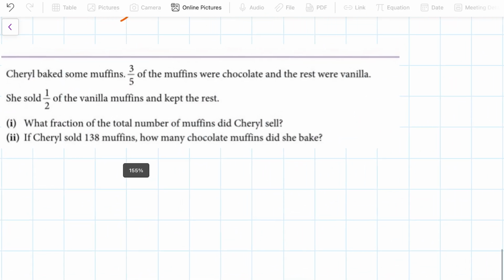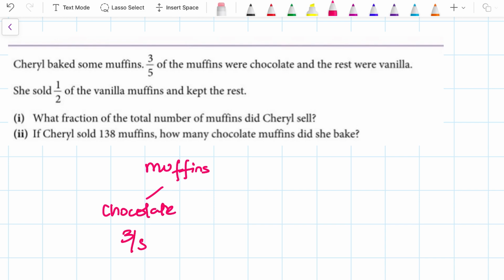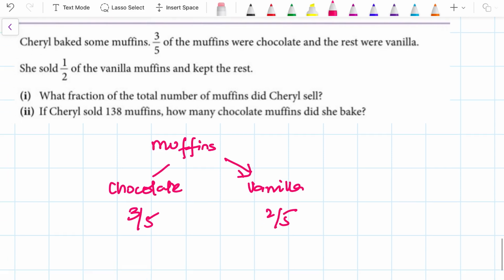Cheryl baked some muffins. 3/5 of the muffins are chocolate and the rest are vanilla. So if you talk about muffins, chocolate ones are 3/5. Vanilla ones will automatically become 2/5 because 5 minus 3 is 2.